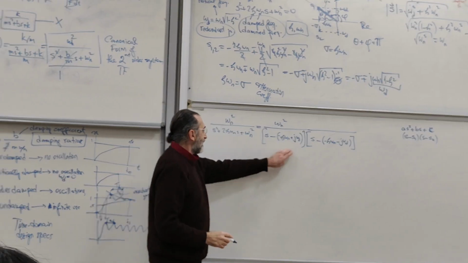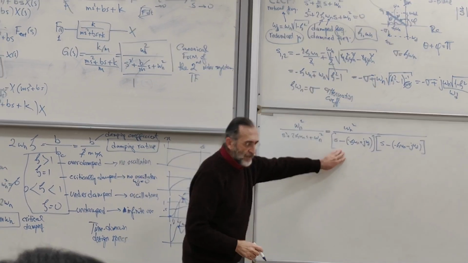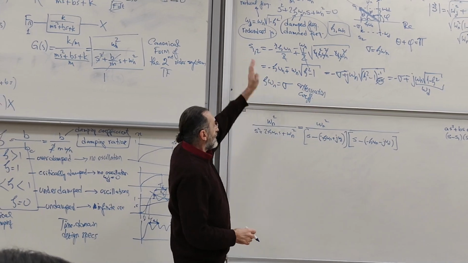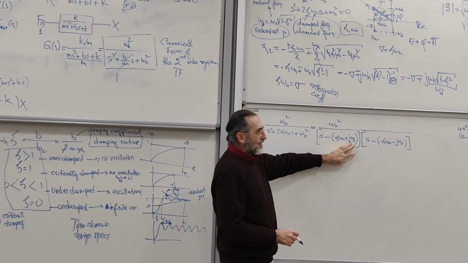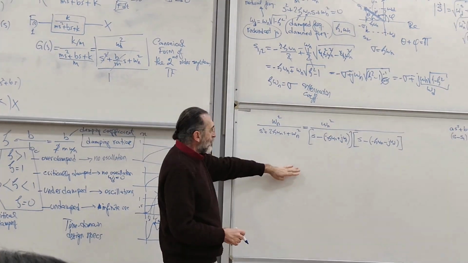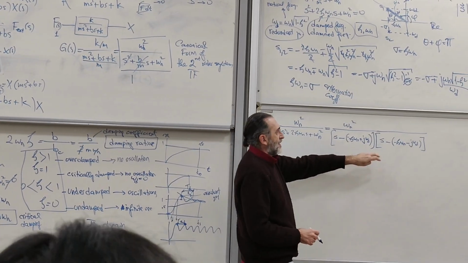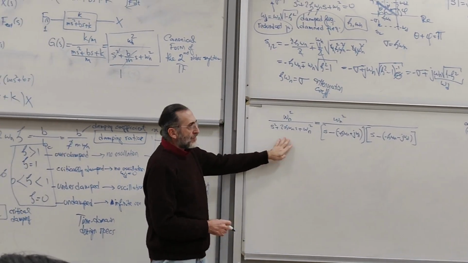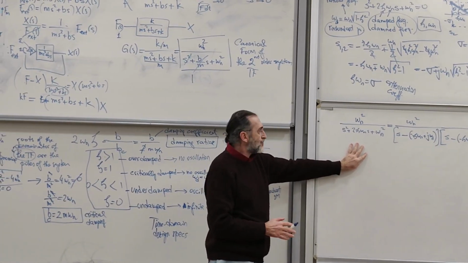Alright, and this closed loop characteristic polynomial can be expressed as this, in open form, root by root, or in closed form, with the two roots together.